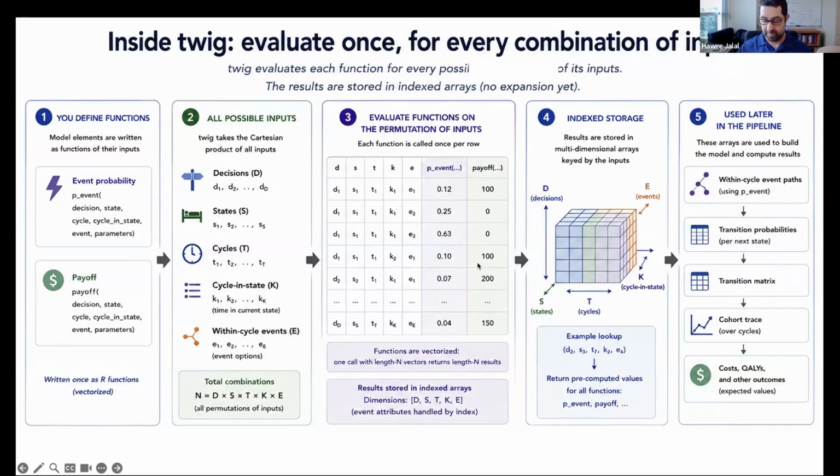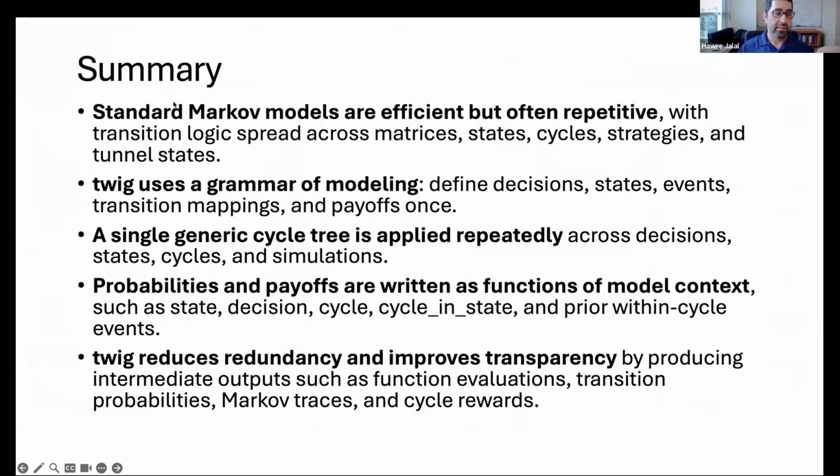And just to summarize, standard Markov models are efficient, but they are often repetitive. The complexity is that because we depend on states, we get into the habit of reproducing the model or copying and pasting the code for each state so that we distinguish the different outcomes for different initial states.